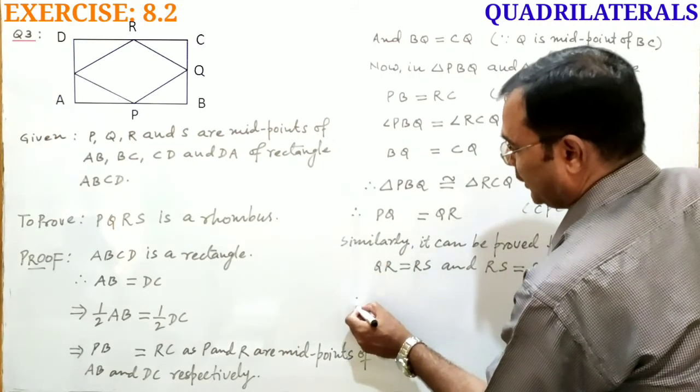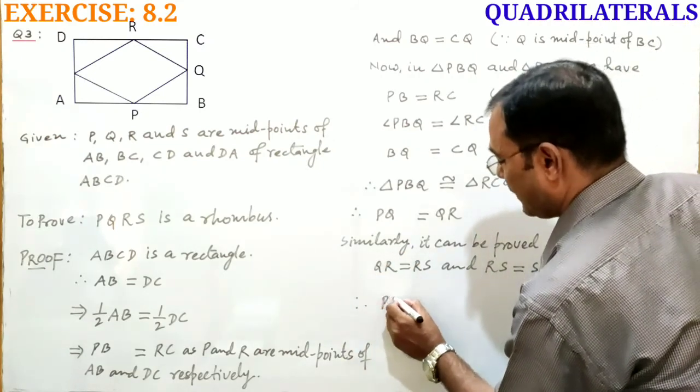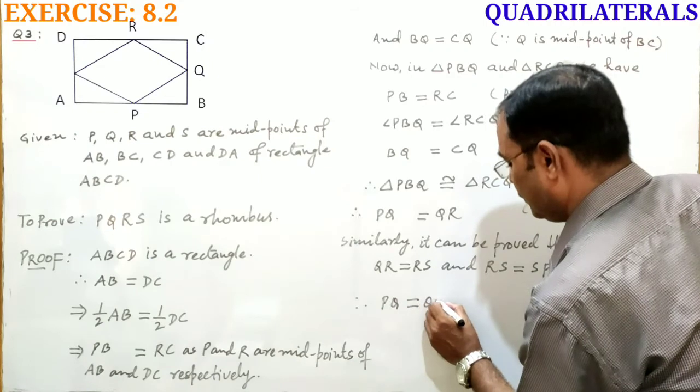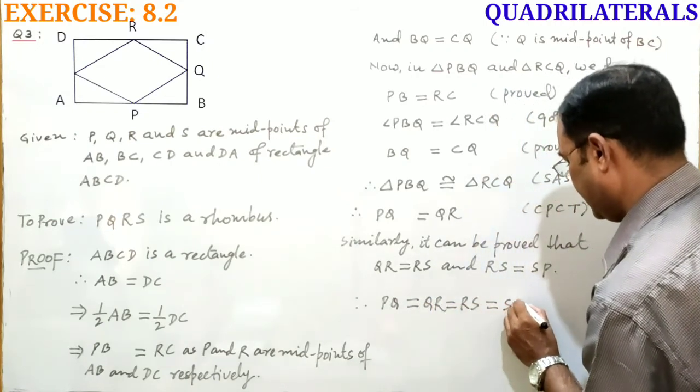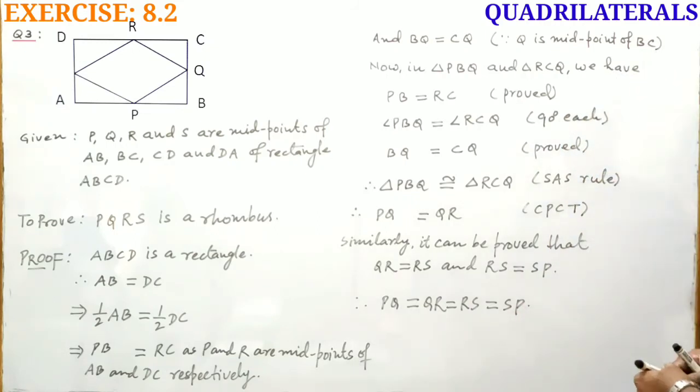So from here we can conclude that PQ is equal to QR is equal to RS is equal to SP.